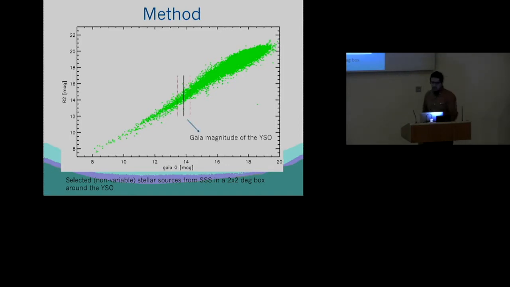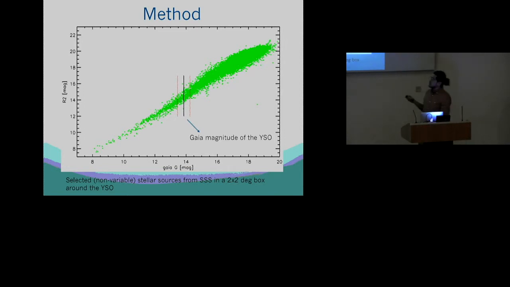Then we take the magnitude of the YSO in Gaia, which is shown here in the black line. And so we expect the object in the SuperCOSMOS magnitude to be located around here. So we basically analyzed objects in this narrow region around the magnitude of the YSO. And of course, if the object was found to be around here and now is here, then it means that it's a high amplitude object.